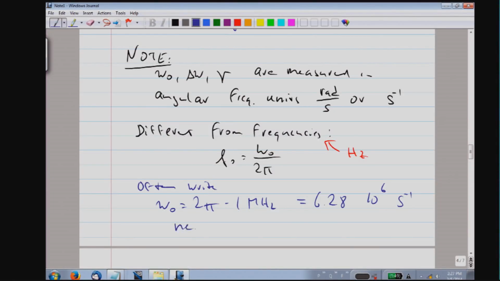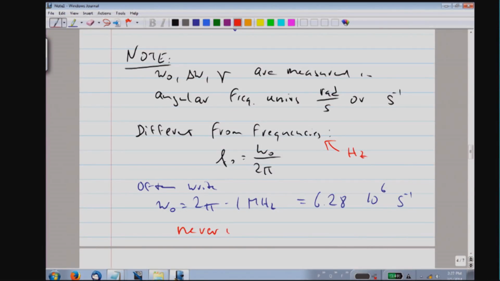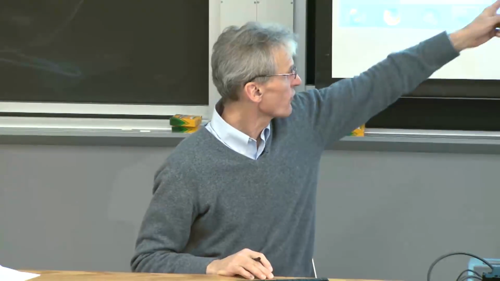But you should never say that omega naught is 6.28 times 10 to the 6 hertz. Because then people don't really know, and you confuse other people, whether you really mean a frequency of 10 to the 6 hertz or an angular frequency.